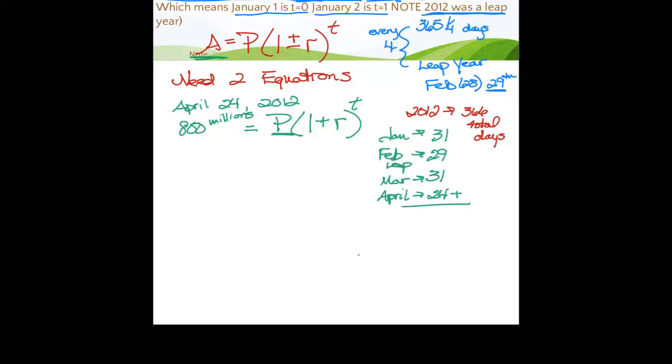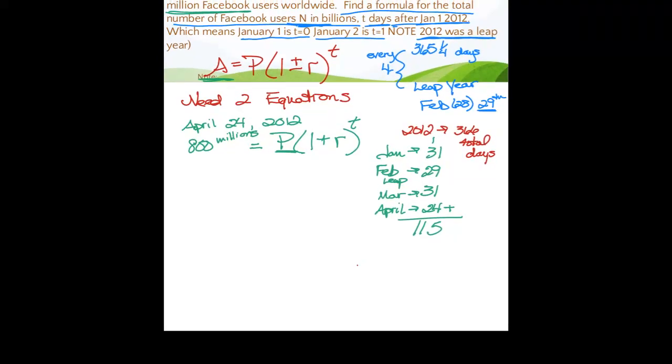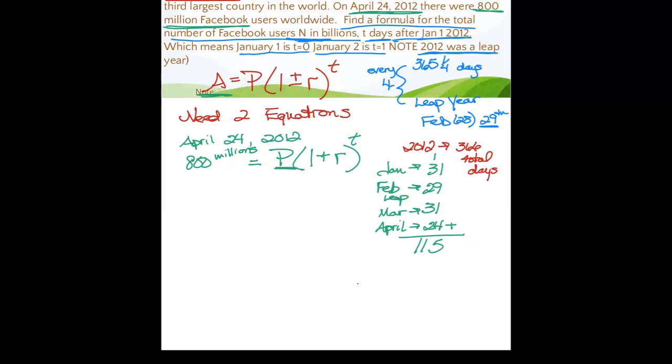Well, first of all, let's add them up. So we got 1 and 9 is 10, 11 and 4 is 15, carry the 1, 1 and 3 is 4, 5, 6, 7, 8, 9, 10, 11, 115. So does that mean on April 24th, my T number of days would be 115?